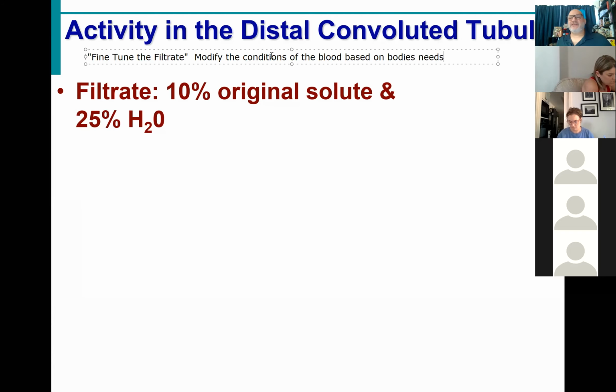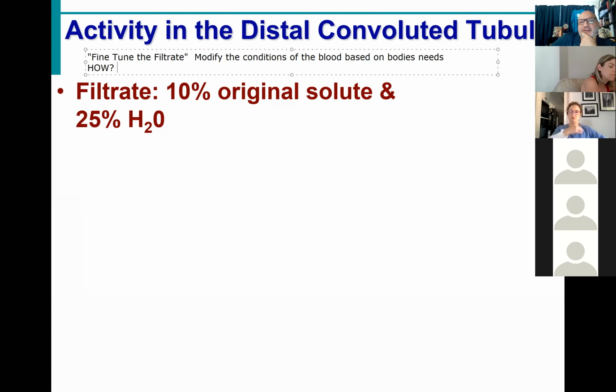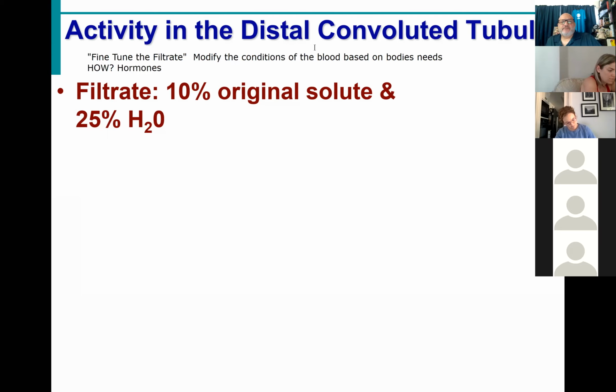And how do we tell the kidneys what the body needs? Well, how did we tell it that the body needed water? Hormones. Bingo. So we're going to use those hormones. Notice, again, by the time we've reached our distal convoluted tubule, we have a very dilute filtrate.